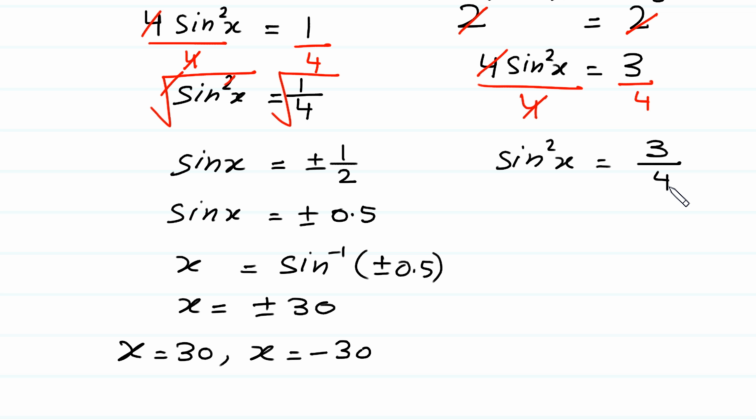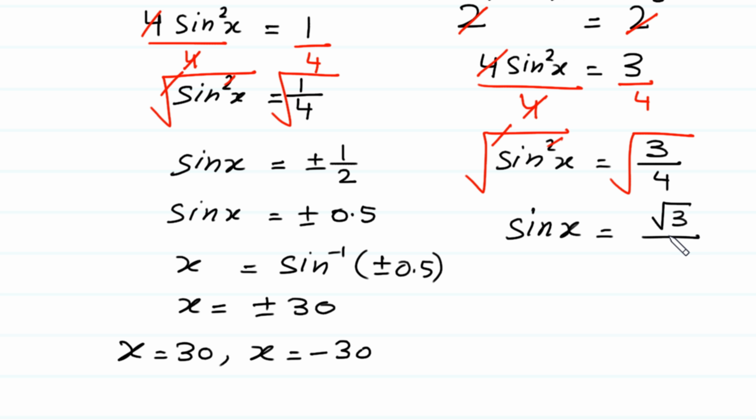Now we take a square root on both sides. Left side square root and at right side square root. This square will be cancelled with this square root and here left sine x is equal to square root of 3 over square root of 4 is plus minus 2.